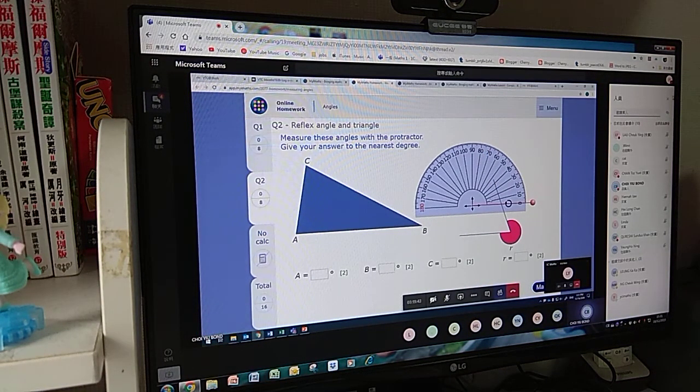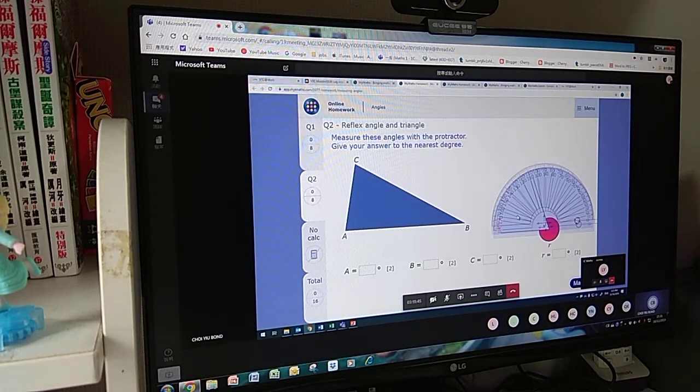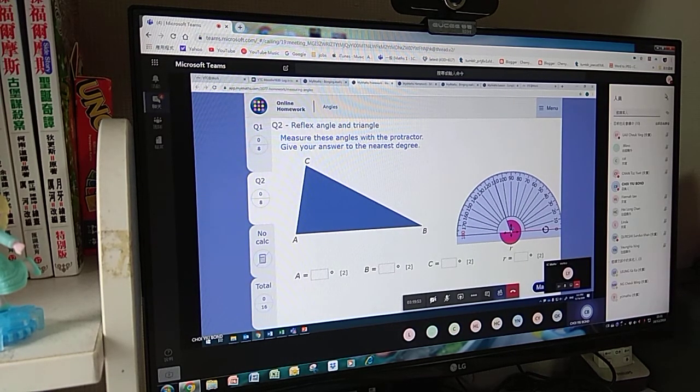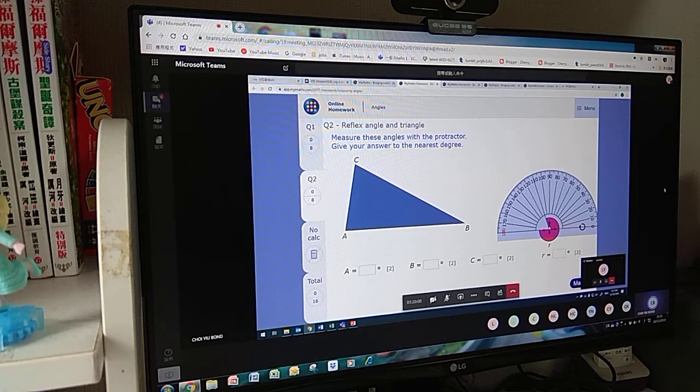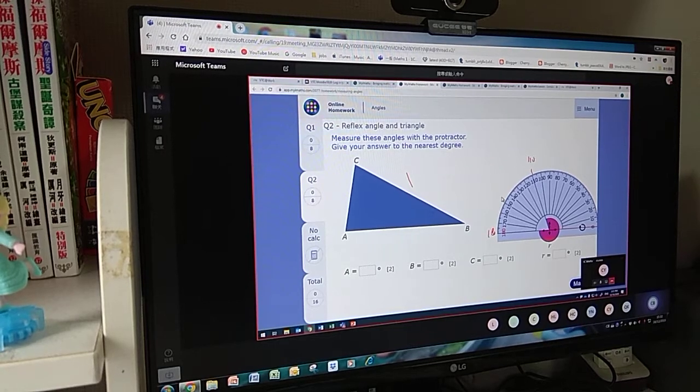So up to now, any problem? Do I need to repeat again? Maybe I repeat again. If I put the protractor here, you will see here is 180 degrees. Here is 110 degrees.